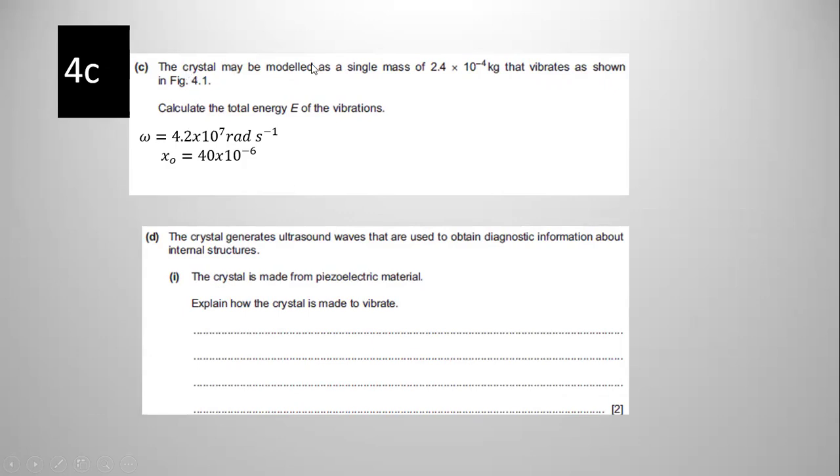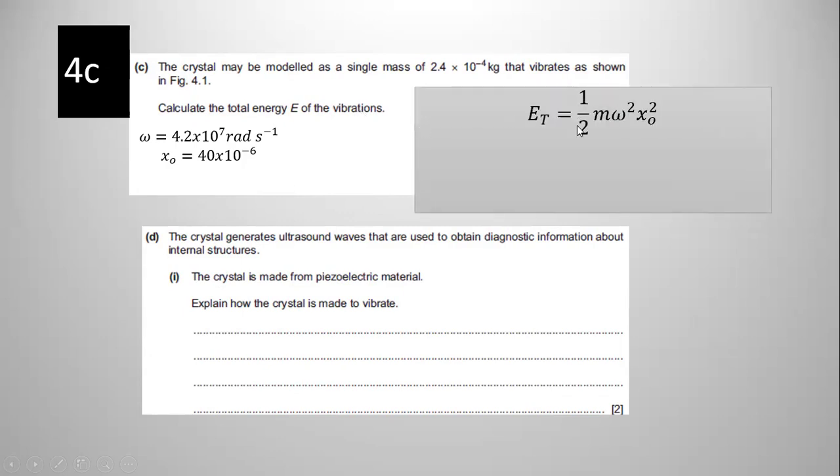The crystal may be modeled as a single mass, 2.4 times 10 to the power minus 4 kilograms, that vibrates as shown in figure 4.1. Calculate the total energy of the variation. Remember the kinetic energy formula and replace the v with omega x naught.